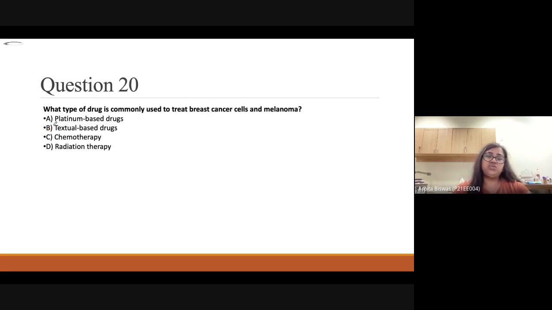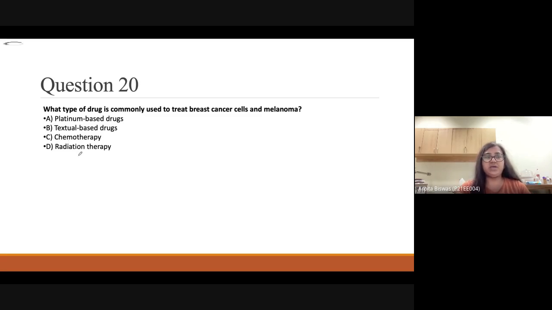Okay, so next, moving toward question number 20. What type of drug is commonly used to treat breast cancer cell and melanoma? First option is the platinum-based drug. The second option is the taxol-based drug. And third option is chemotherapy.